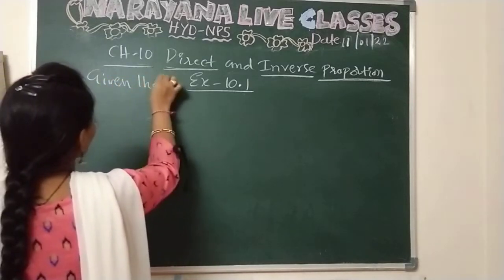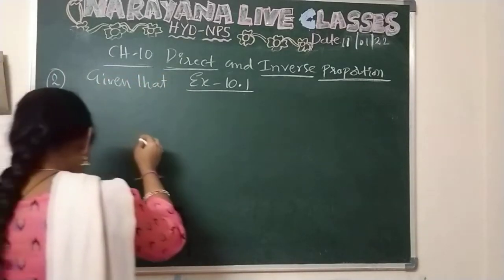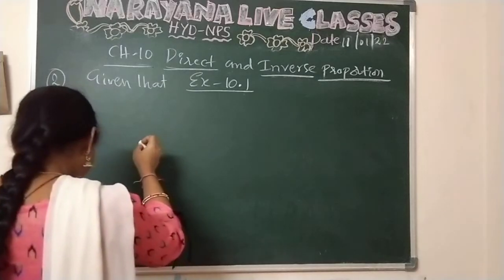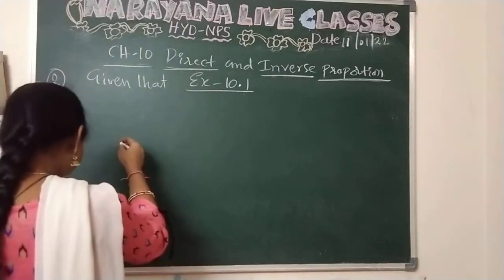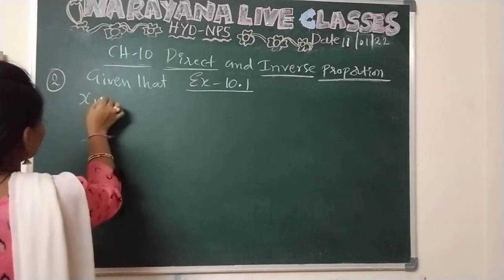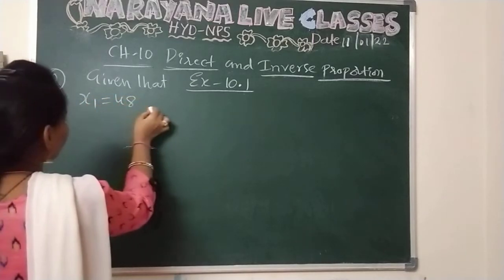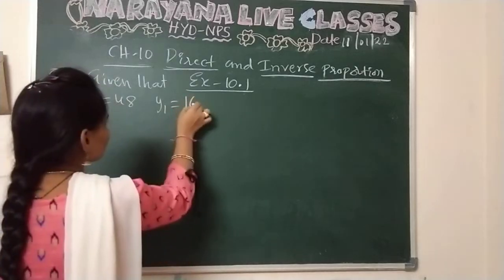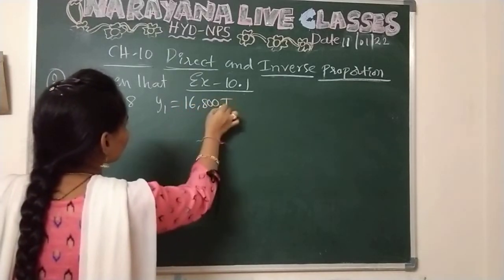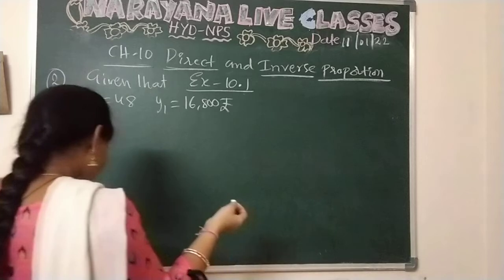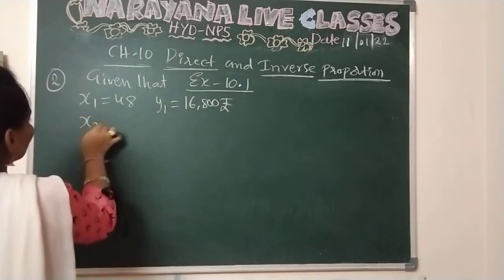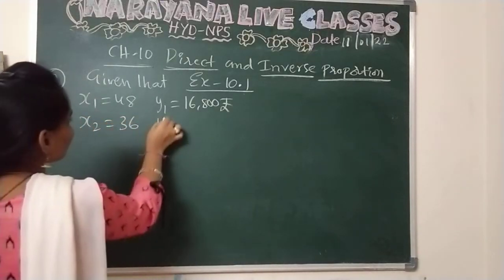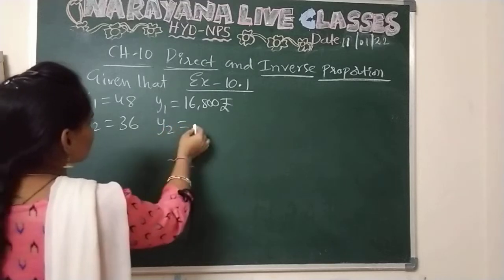Given that, here x1 is 48 bags. Let us take x1 as 48 bags, y1 that particular cost, 16,800 rupees. Now x2 is 36 bags given, then what is the cost of 36 bags?